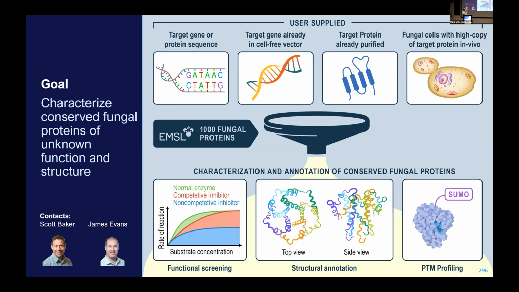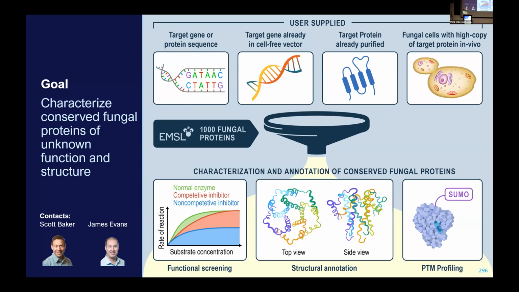So the 1,000 Fungal Proteins project is kind of envisioned like a pipeline. It's one where we're really focused on user science and samples. And so it's been created in order to be compatible with any types of samples that a user might provide.